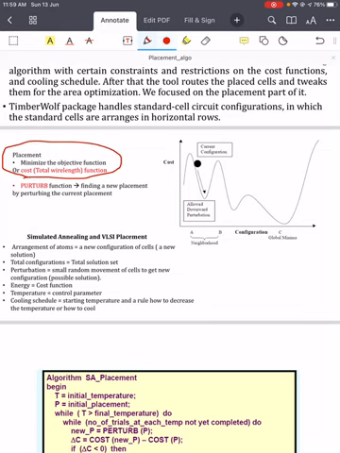So we need to define a perturb function which will generate a new placement solution from an existing placement. We look at some of the perturbation techniques, so that we can find a new placement by perturbing the current placement.